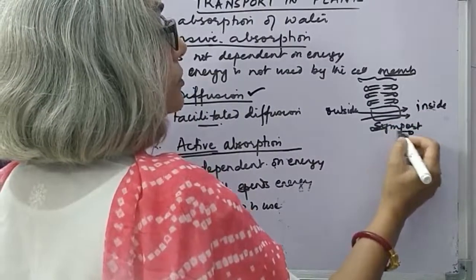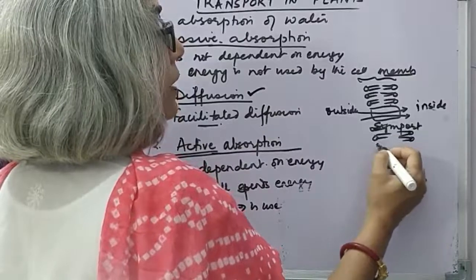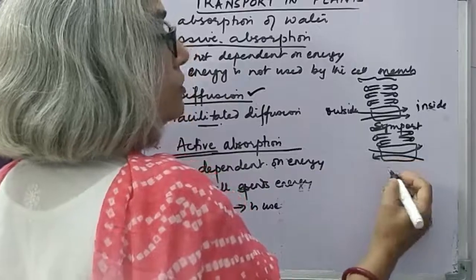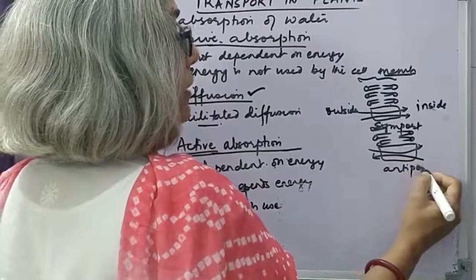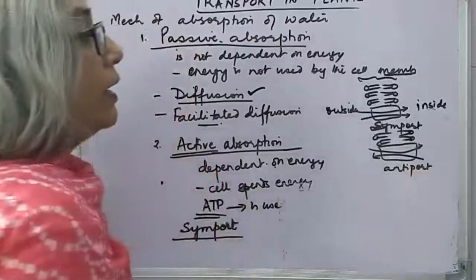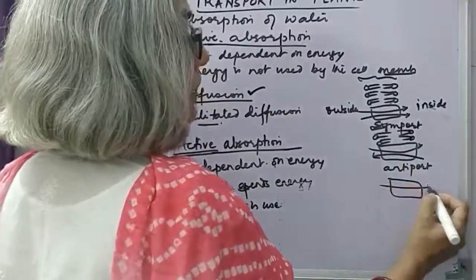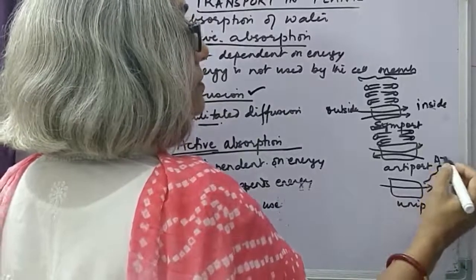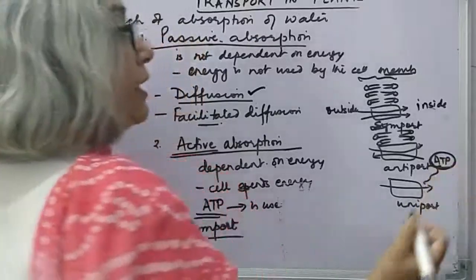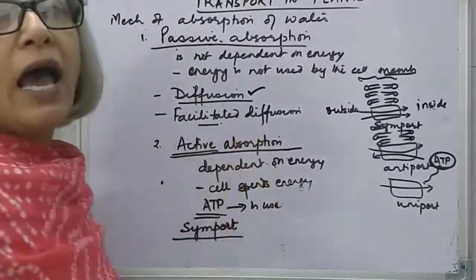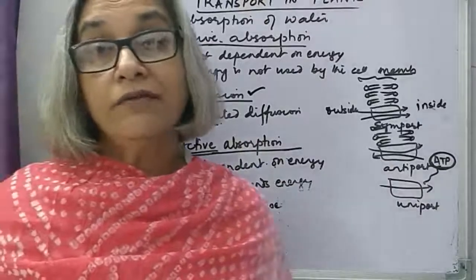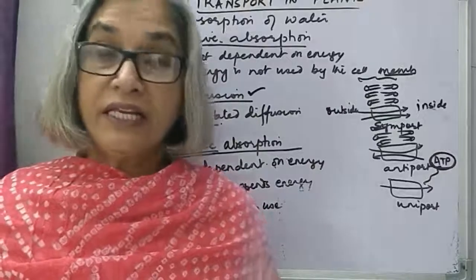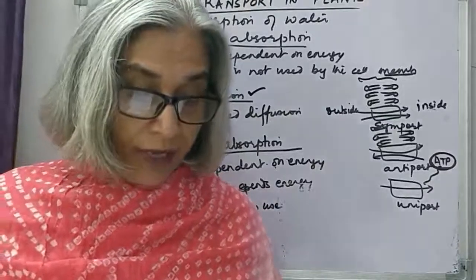And suppose this is the cell membrane, and when one moves inside and the other moves outside, we call it antiport. And when only one moves inside, it is called uniport. And this involves use of energy by the cell, so we say it is active absorption, because energy, ATP, is spent; it is an energy dependent reaction.